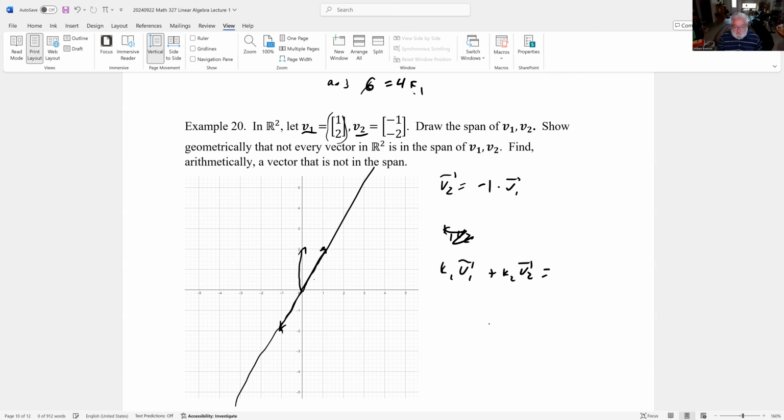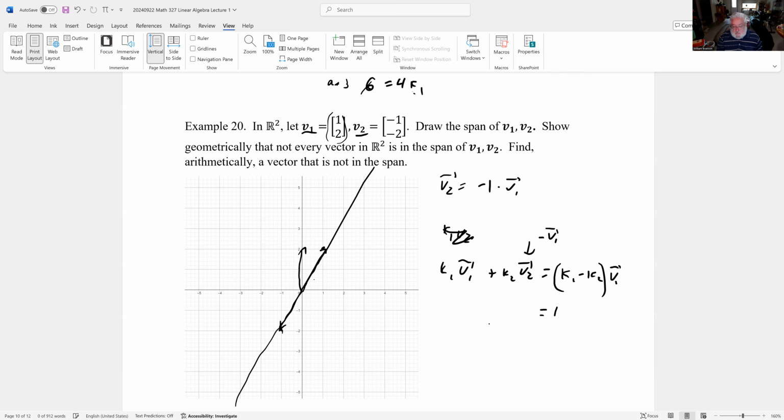And in this case, this becomes K1 minus K2 times V1, because V2 is in fact just minus V1. So if I plug that in for the V2, then it becomes this.